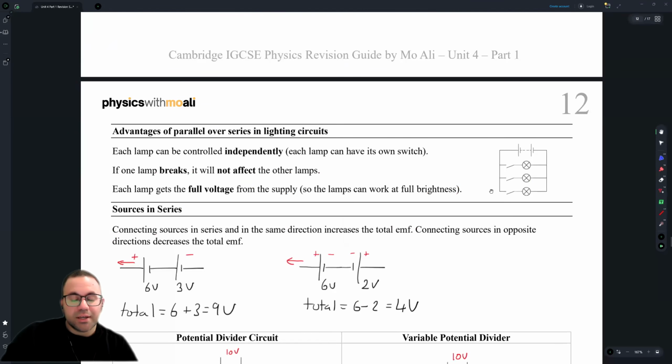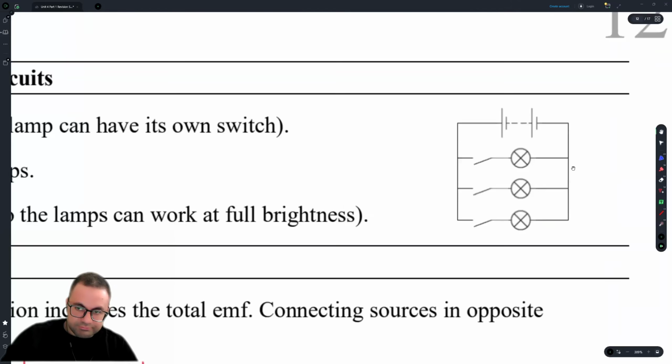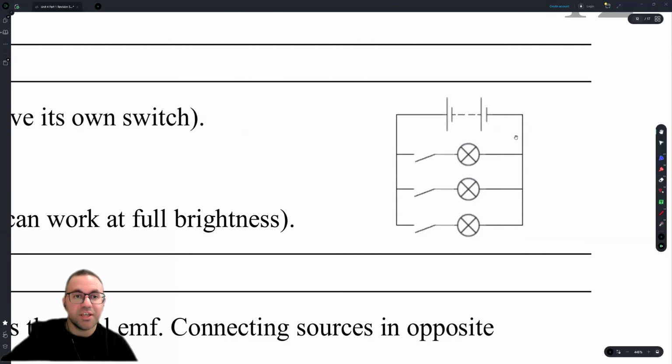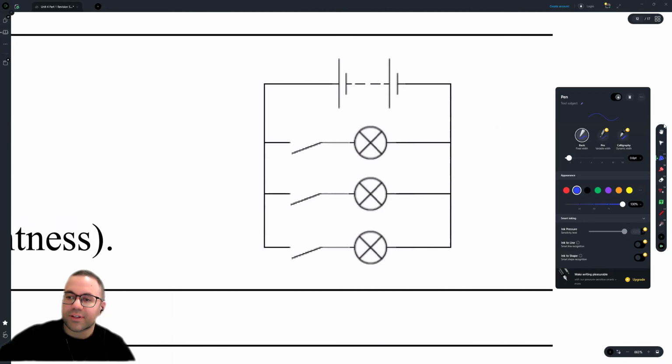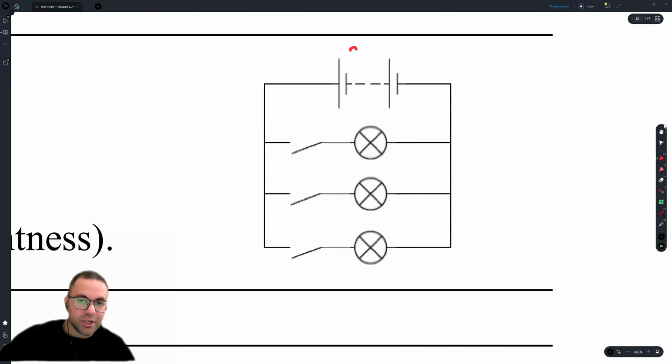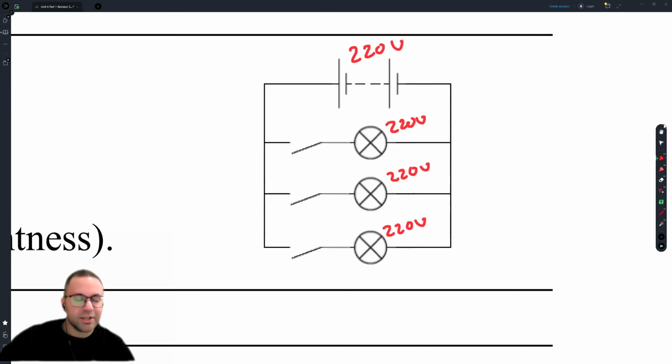Now, obviously, parallel has a few advantages over series. What do I mean? At home, most of your light bulbs and switches and sockets are all connected in parallel for 3 reasons. Number one, everything in parallel gets the full voltage. So at home, if my voltage is 220 volts, this light bulb gets 220, this light bulb gets 220, this light bulb also gets 220.